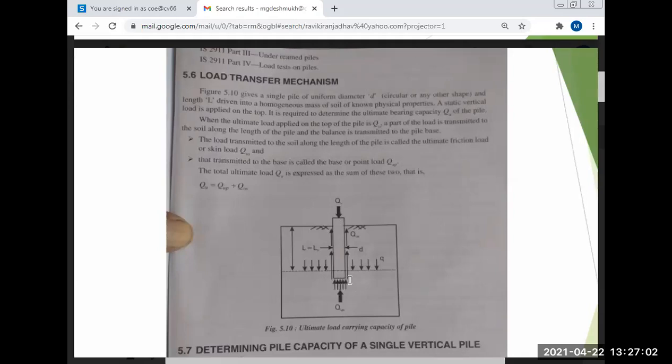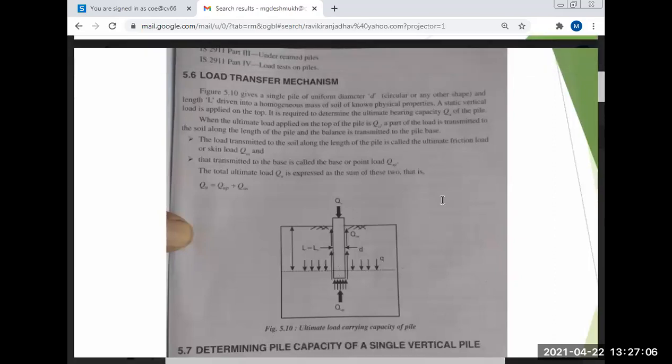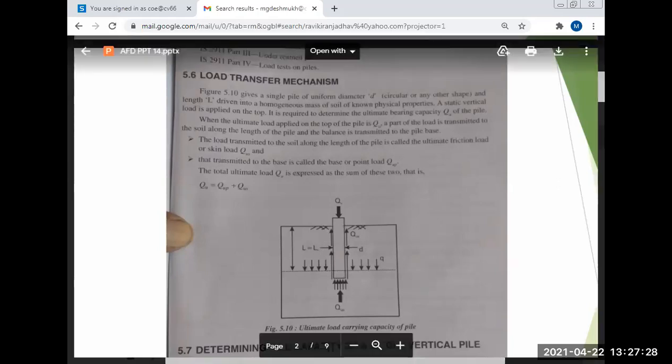of the pile, and such piles are called end bearing piles. This already I told you. Such piles are called end bearing piles, जहां पर बॉटम से आपके लोड को ट्रांसफर किया जाता है, जहां पर रेजिस्टेंस बॉटम ऑफ द पाइल रहता है. So such piles are called end bearing piles.